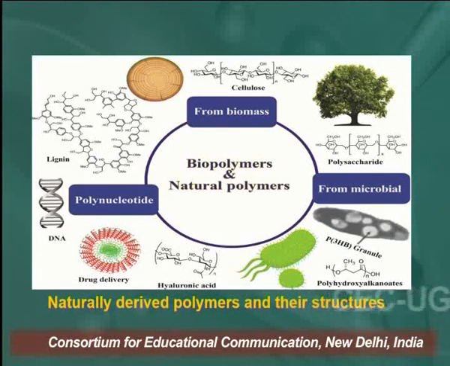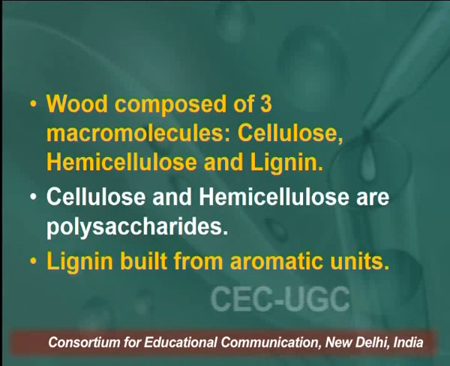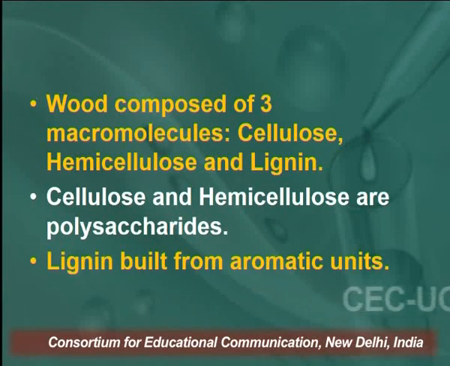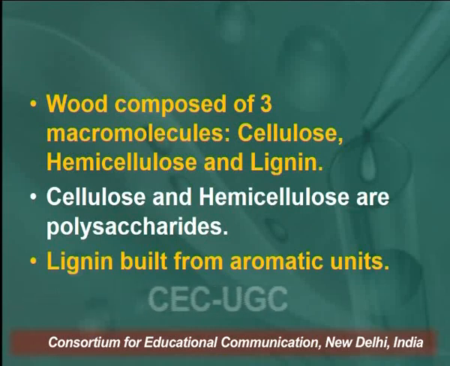So, these are some naturally derived polymers and their structures. These are the polynucleotides, these are the polyhydroxyalkanoates. Polyhydroxyalkanoates are microbial biopolymers. If we talk about naturally occurring biopolymers, biomass, especially wood, is composed of three types of macromolecules: cellulose, hemicellulose and lignin.